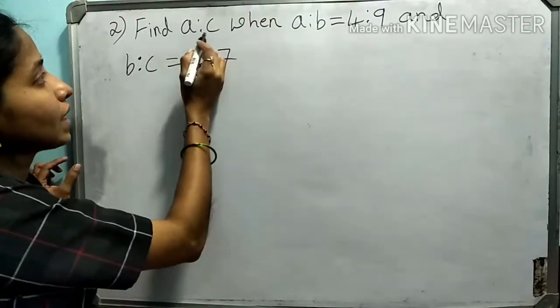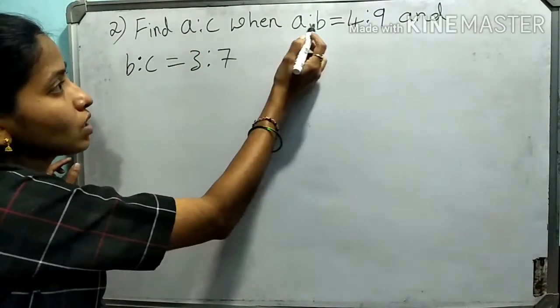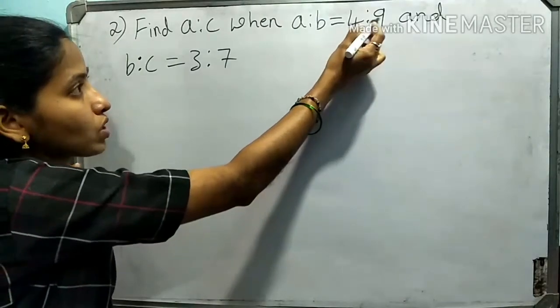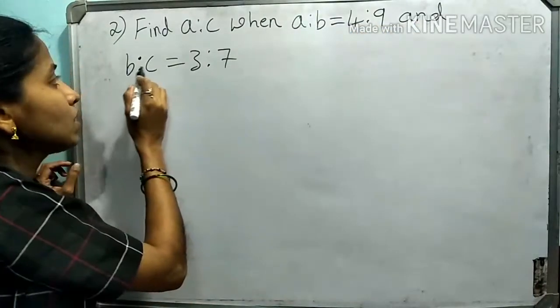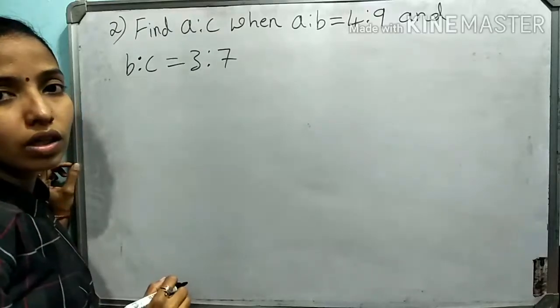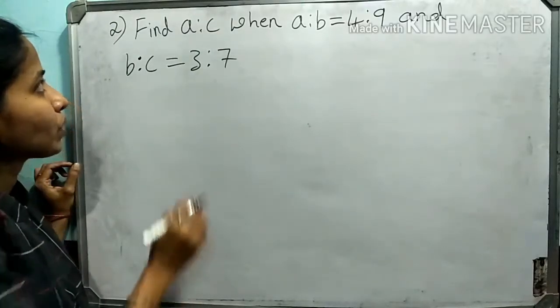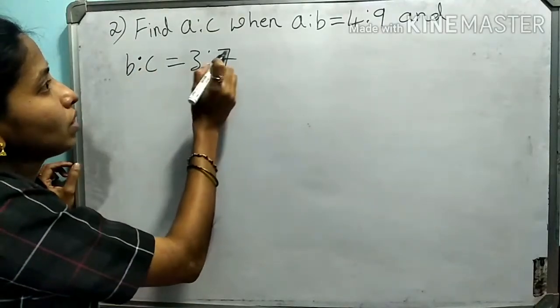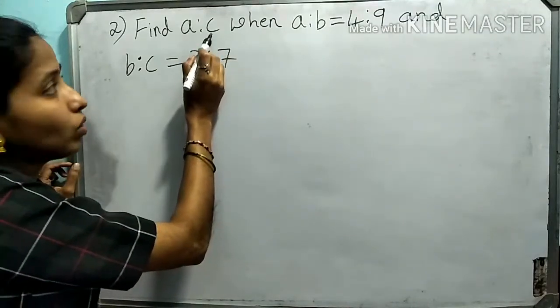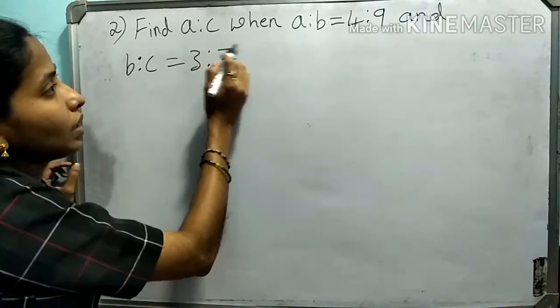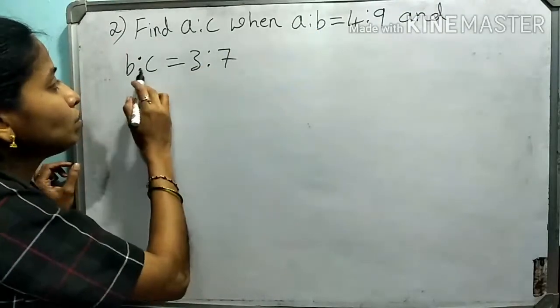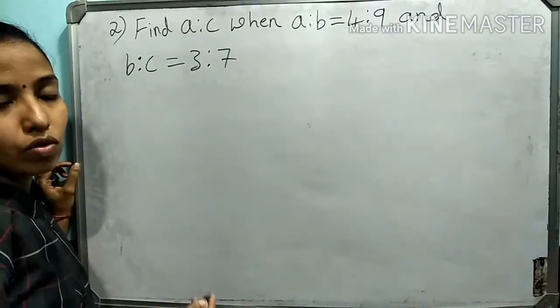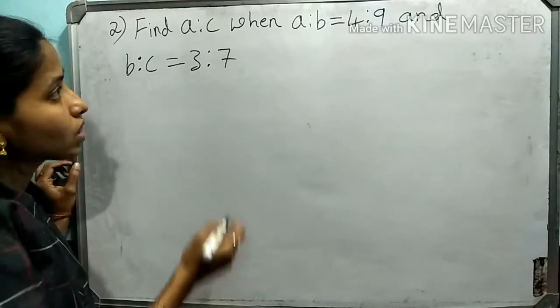Second one, find A is to C when A is to B is equal to 4 is to 9 and B is to C is equal to 3 is to 7. So here you have to find out A is to C, and given is A is to B and B is to C. So first write the given points.